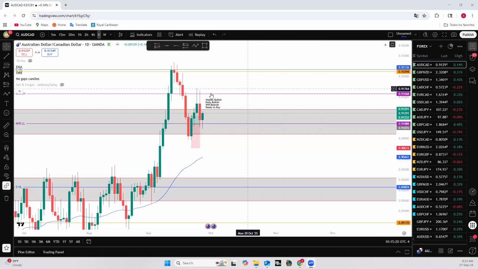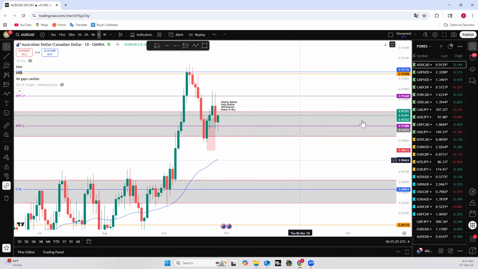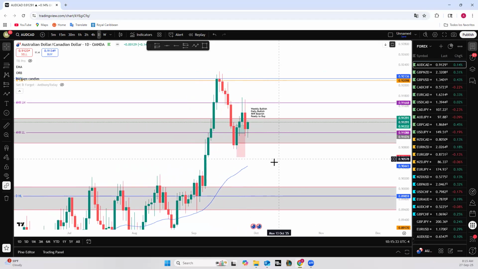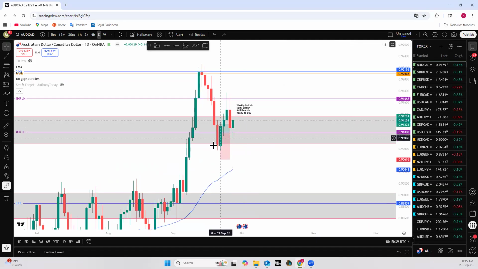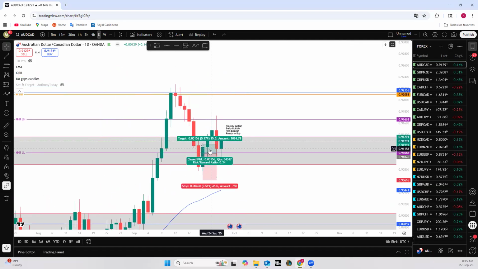Actually, I'm gonna start with AUD CAD. That's the one I think I liked the most. To be honest, guys, I didn't have any pairs that I loved and said, okay, these are ready, except for this one. Last week this was a small win.